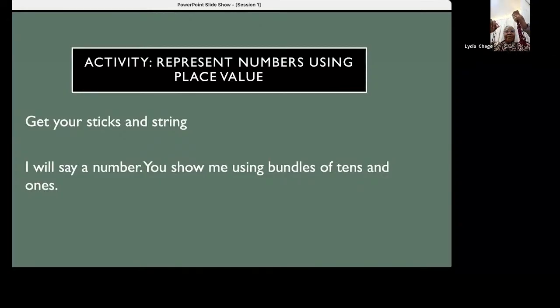I have 10 strings on my left hand, and I have 2 strings on my right hand. So that's my 12. Okay, great. I see that. I have a bundle of 10 sticks here and 2. So I have 10 and 2, 12.